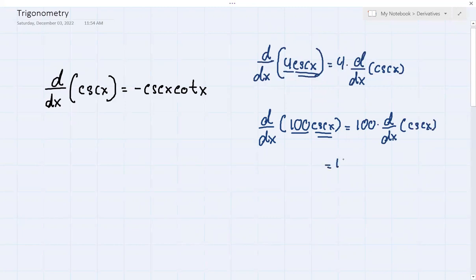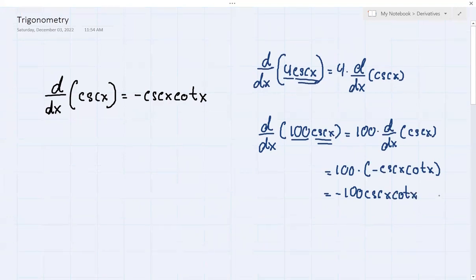So therefore, we have 100 times derivative ng cosecant x ay negative cosecant x times cotangent of x. So therefore, your answer is negative 100 times cosecant x times cotangent of x. O, diba? It's easy. Okay?